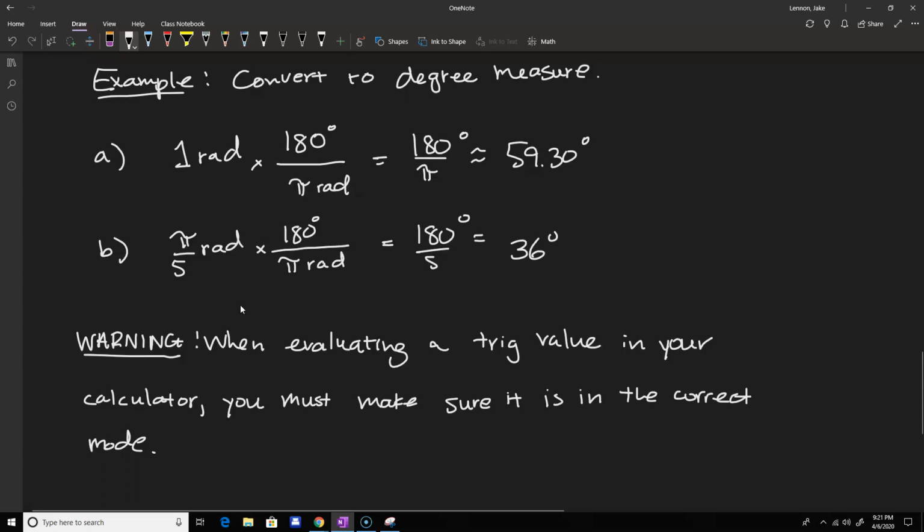So on your calculator, you can typically switch from either a degree mode or a radian mode, and that's going to differ from calculator to calculator. Normally there's a button that says mode and you can check.